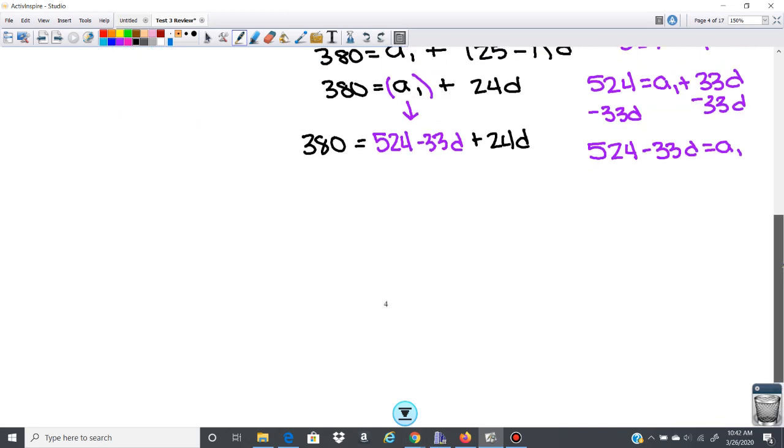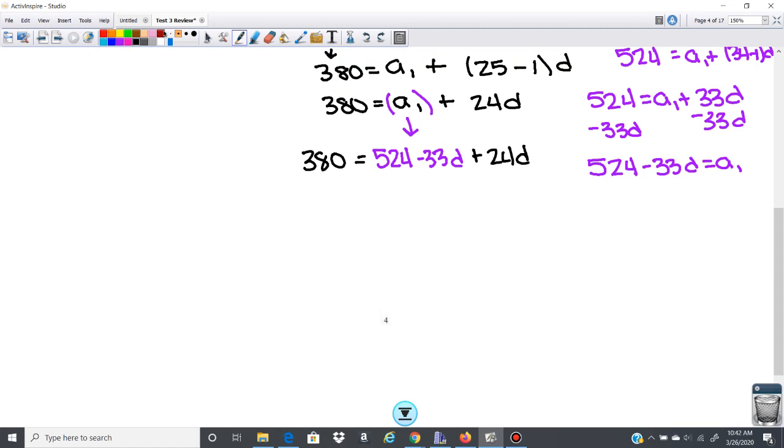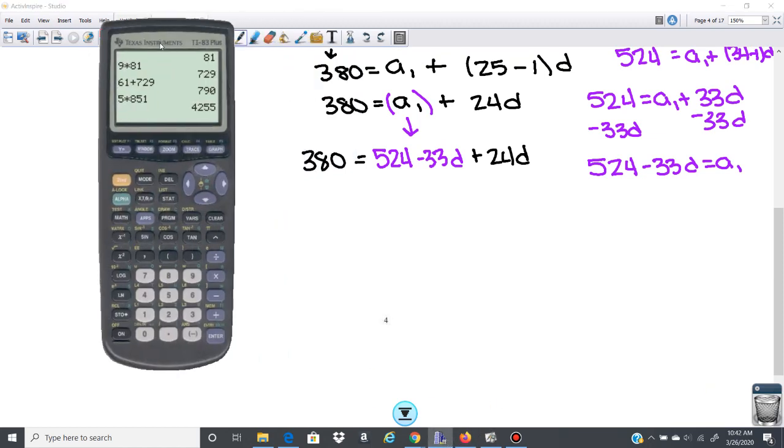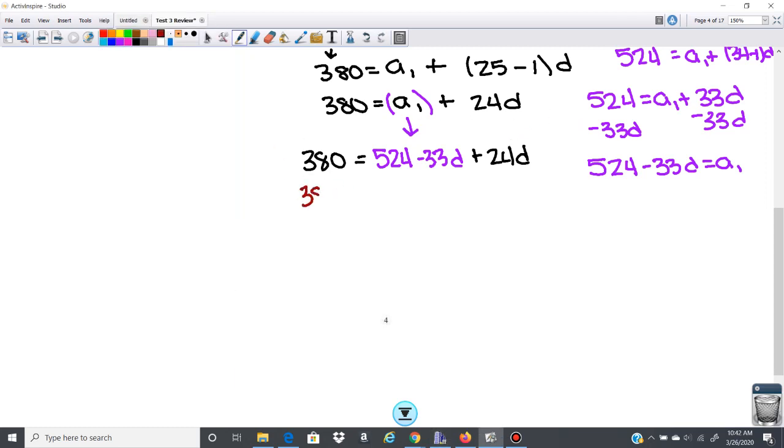All right, let's solve this. Negative 33 plus 24 gives me negative 9. So I've got 380 equals 524 minus 9d. I'm going to subtract the 524 from both sides, so it cancels out here.